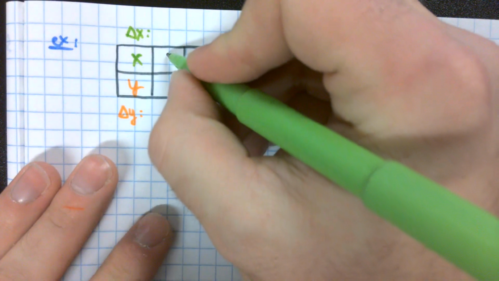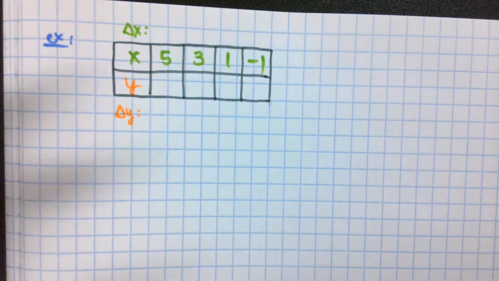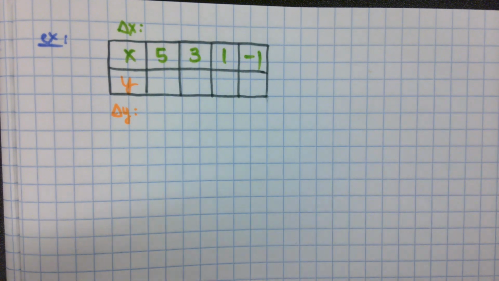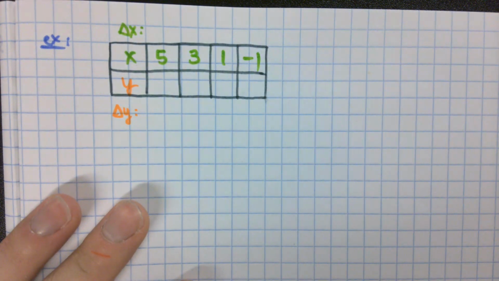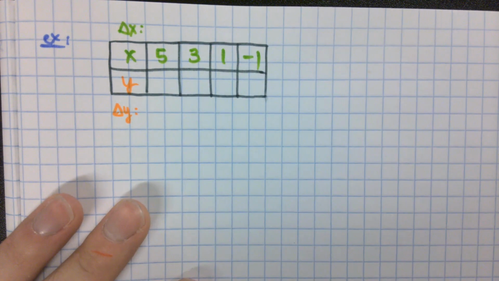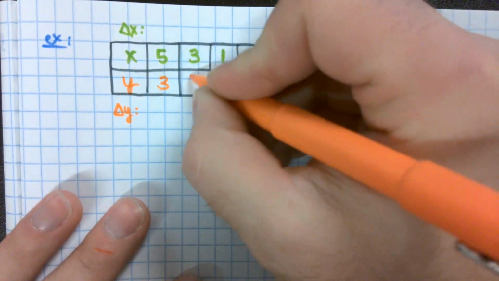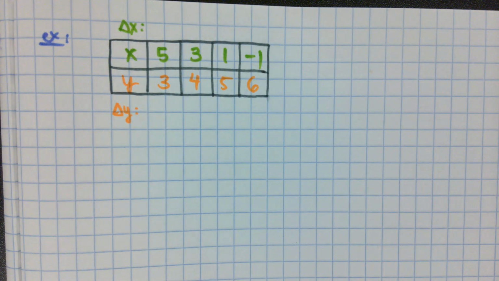Let's say we've got for X values 5, 3, 1, -1. And for our Y values, let's do 3, 4, 5, 6.